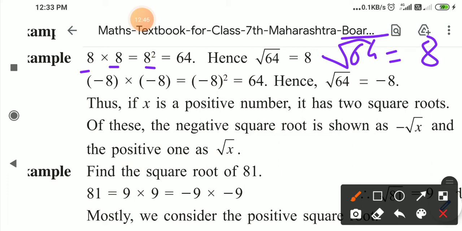Or if you take minus 8 into minus 8, square is only 64, which means the square root of 64 is 8 and also minus 8.